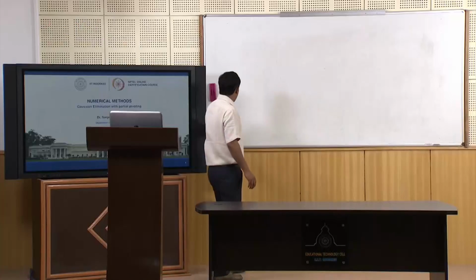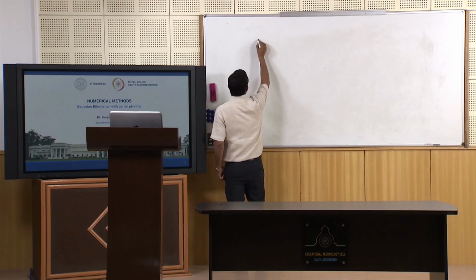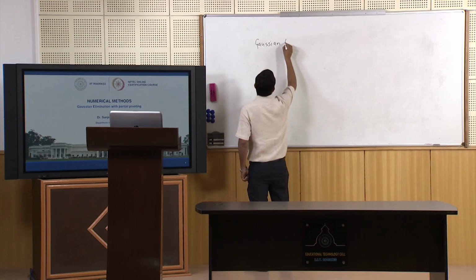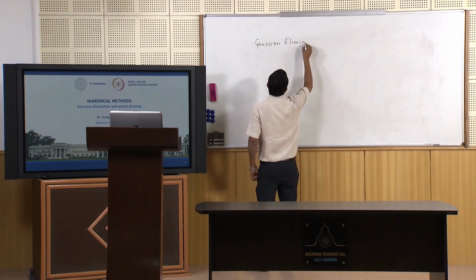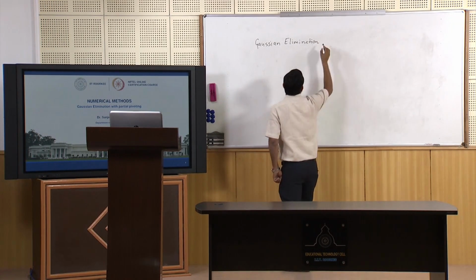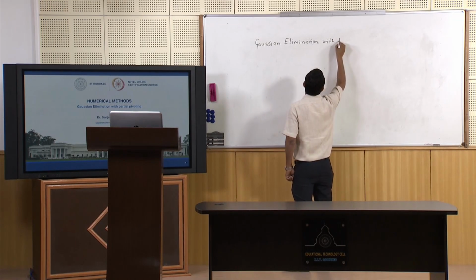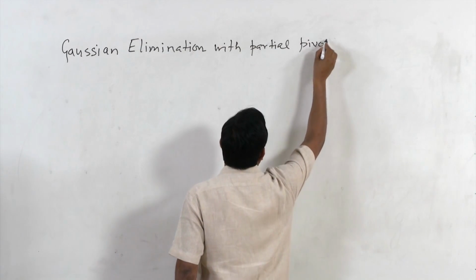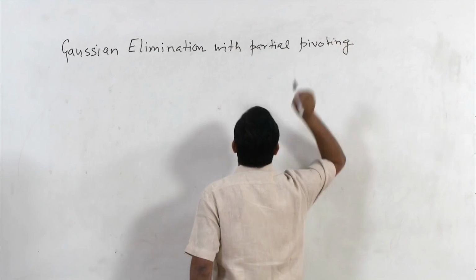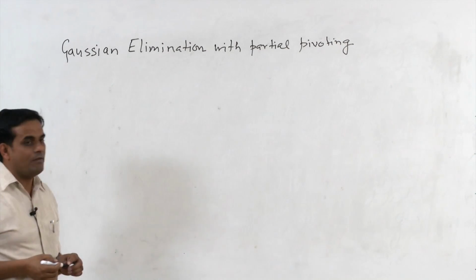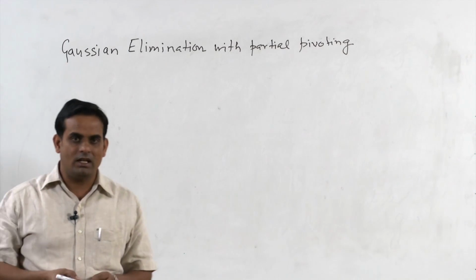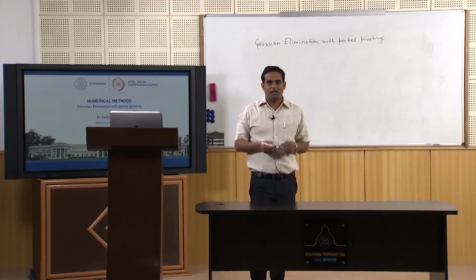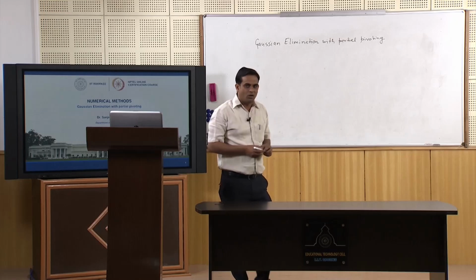The solution to this problem is the Gaussian elimination method with partial pivoting. This is a modified version of the Gaussian elimination procedure, where we search for pivot elements and based on that we perform the elementary row operations.